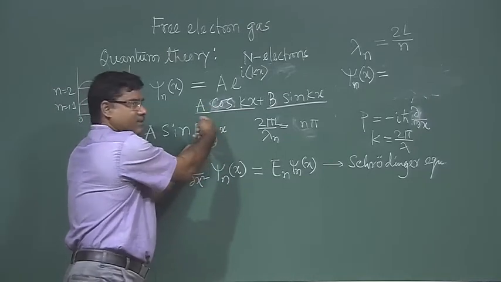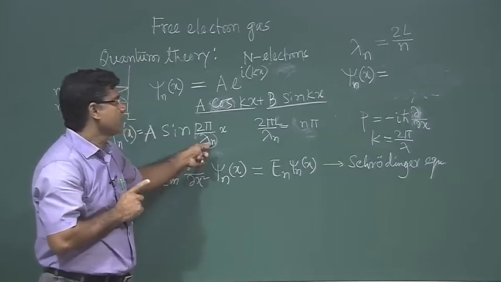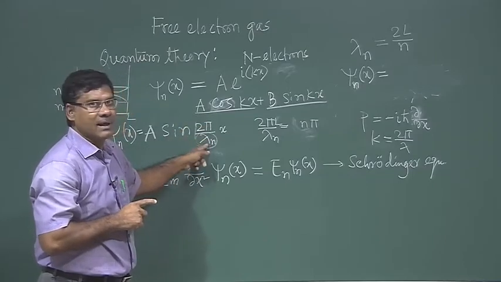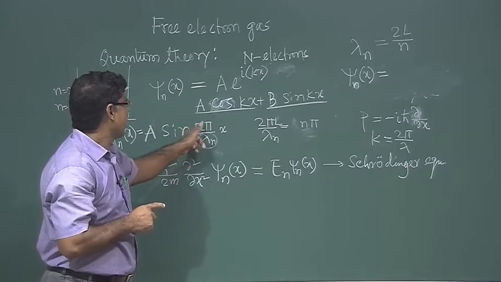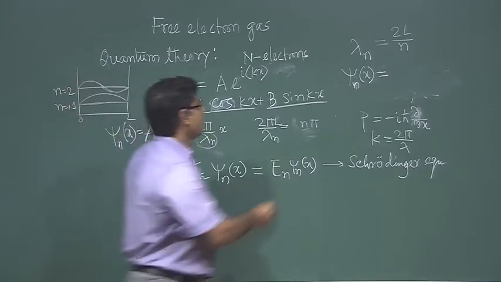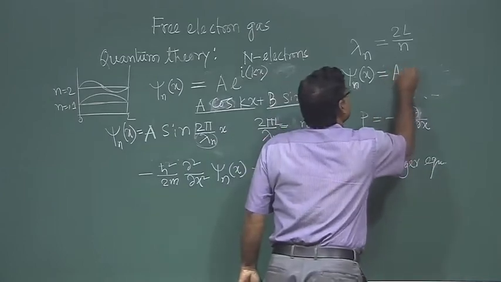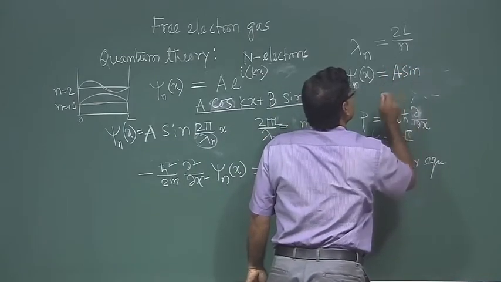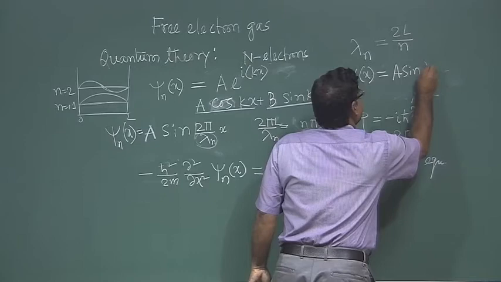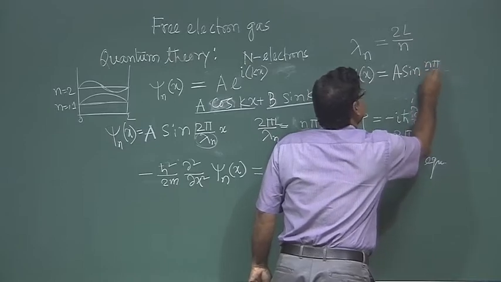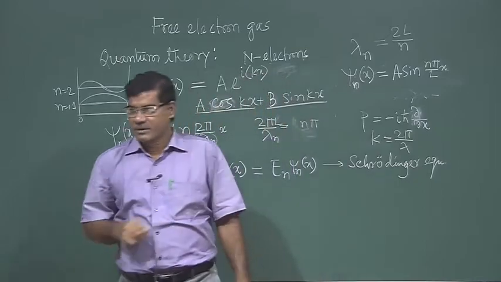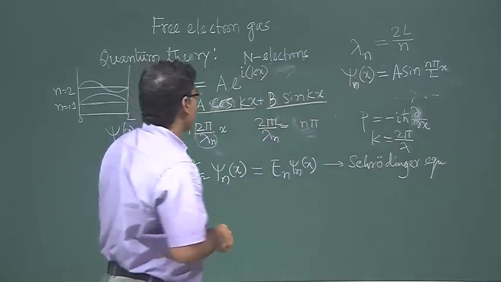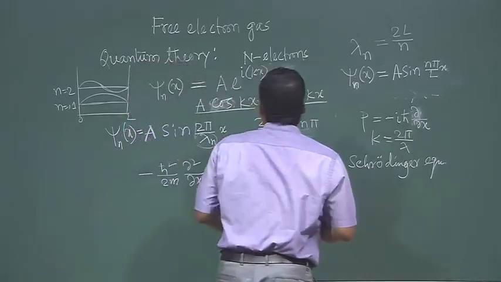So, 2 n pi by 2L, and the 2 will go, leaving n pi by L. So, I will get A sin(n pi by L x), right. So, this will be the wave function for our system.